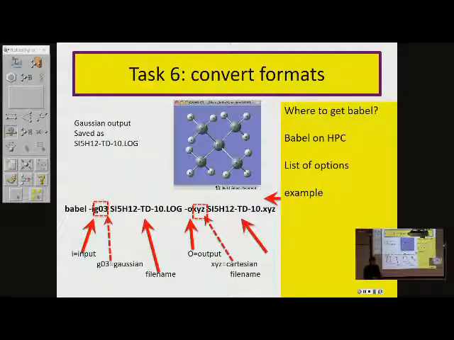So if it was generated after running Gaussian, which we didn't cover yet, but who cares? When you do Babel -H capital, it lists all formats. So it shows what is the input. And then you put a space and argument number 3, the name of the file that you want to process.